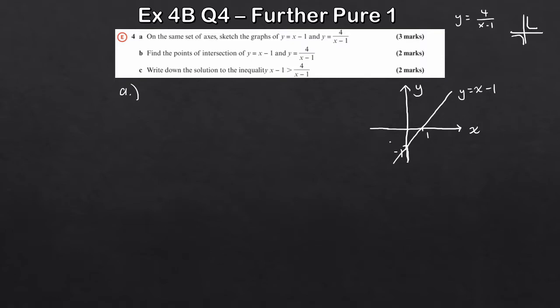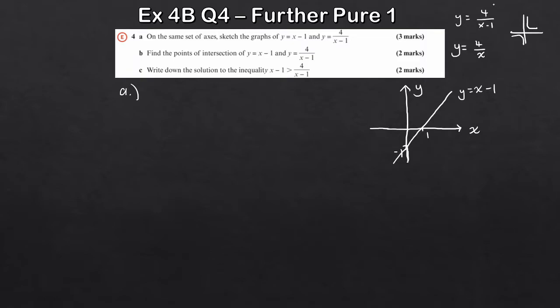How do we actually sketch that? Consider the asymptotes. If this was y equals 4 over x, we'd have one at x equals 0 and one at y equals 0. It's just a standard reciprocal graph, nothing really happening apart from the stretch.